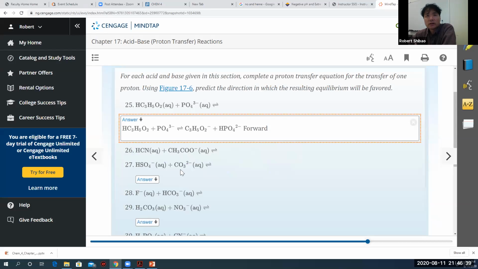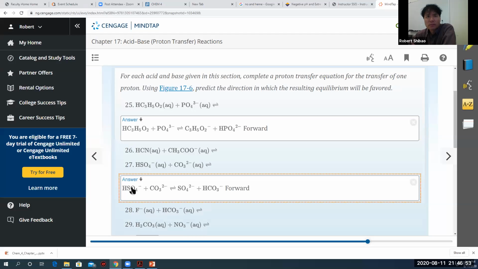Okay, bisulfate and carbonate. This should make sulfate and bicarbonate. And so in that case, I'd go with bisulfate. Bisulfate's borderline strong, and bicarbonate's not that strong. And so we're going to go to sulfate and bicarbonate and compare the two acids. Here, this one's stronger, this one's weaker.